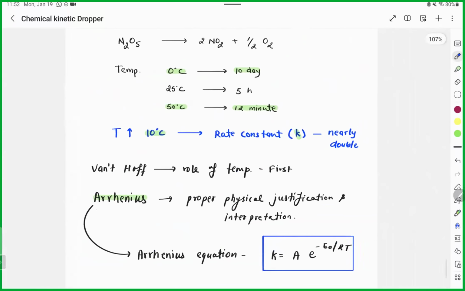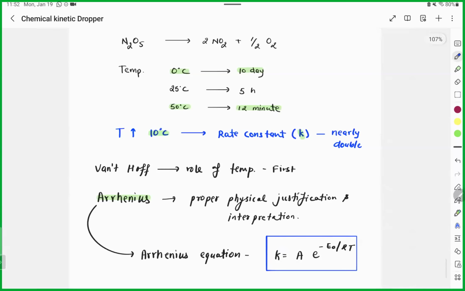So we are doing what is the role of temperature in any reaction and how the speed of the reaction is impacted. We were taking the example that if you take 0 degree Celsius temperature for this reaction, this breakdown process will take 10 days at 0 degree Celsius, and at 50 degree Celsius, it will take only 12 minutes.